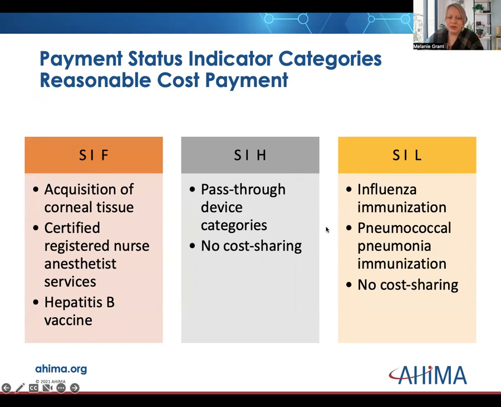A status indicator of H for pass-through services or no cost sharing, and a status indicator of L for things like your vaccinations, which also have no cost sharing. These items are going to be reasonably reimbursed based off of what it should have cost your office to obtain the items or services to provide this.